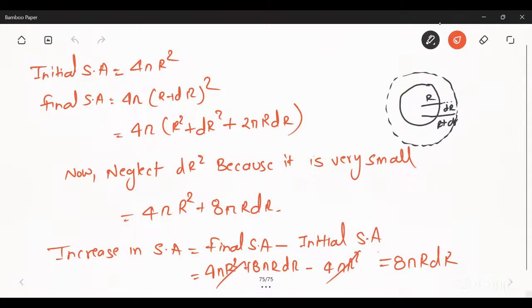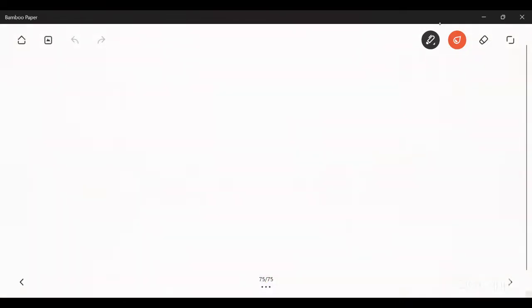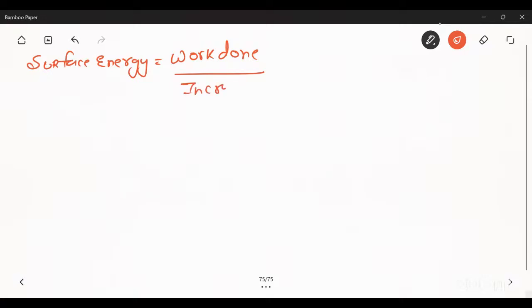Now we know that surface energy is equal to work done per unit increase in area, and the surface energy is equal to the surface tension.